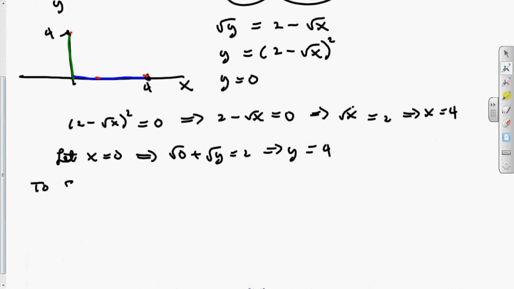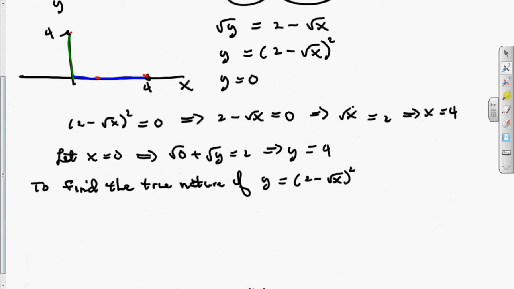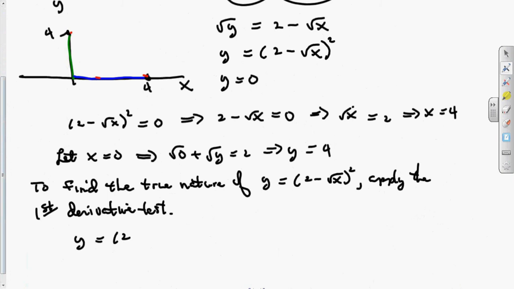So to find the true nature of y equal to 2 minus the square root of x, to be squared, apply the first derivative test. So we have y equal to 2 minus the square root of x, squared.